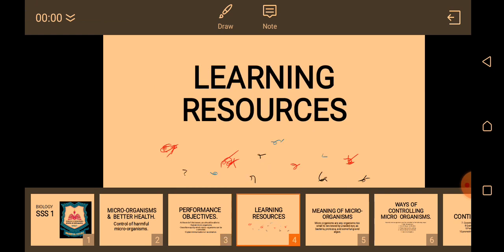Our learning resources. As you can see, those are dots on the screen right now in the form of red, blue, black, and so on. Those are what we can use to explain what microorganisms actually look like. They are even tinier than this, but that's just a mere diagram.